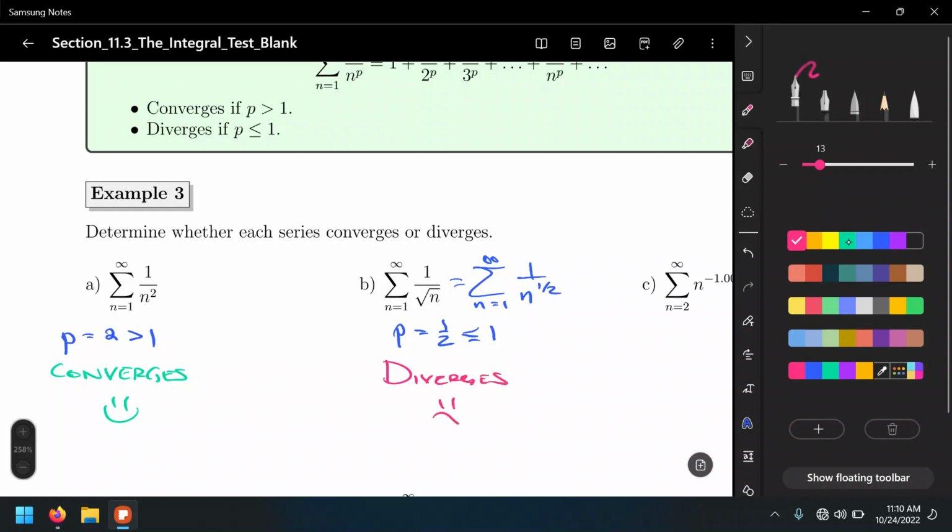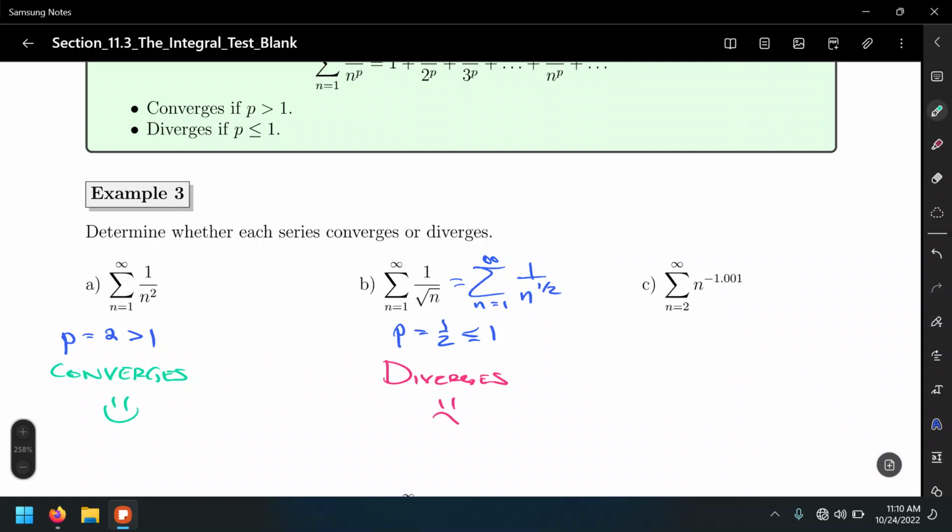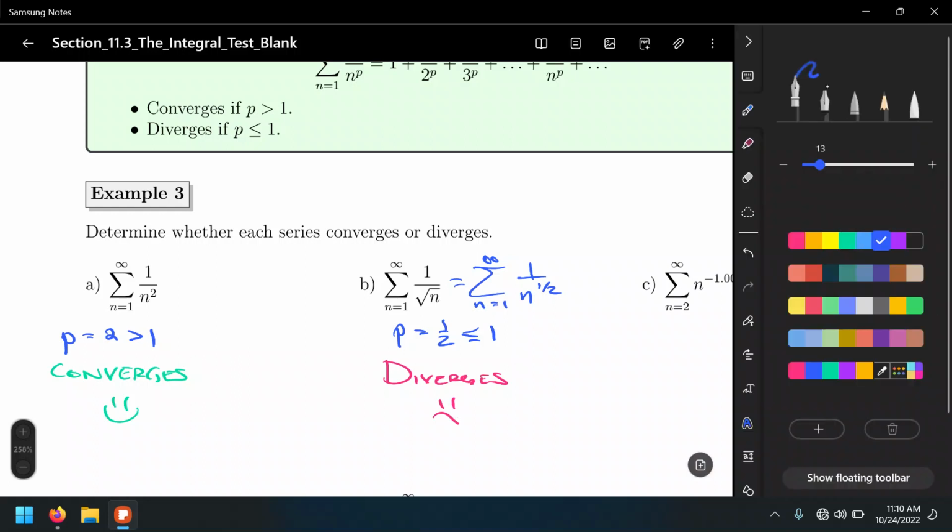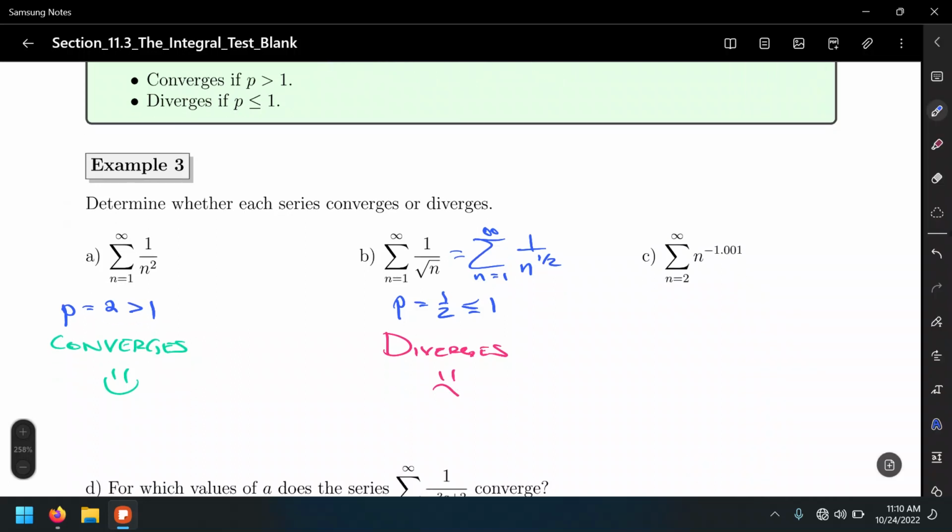All right. What about letter C? Letter C is sigma n equals 2 to infinity of n to the negative 1.001. This is the same as saying sigma n equals 2 to infinity 1 over n to the 1.001. So we need to write this series in the form 1 over n to the p power.